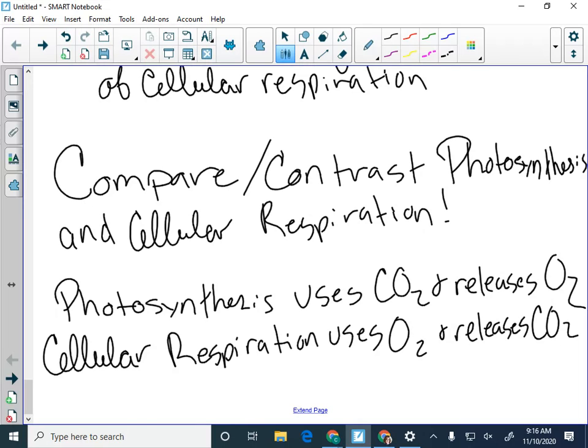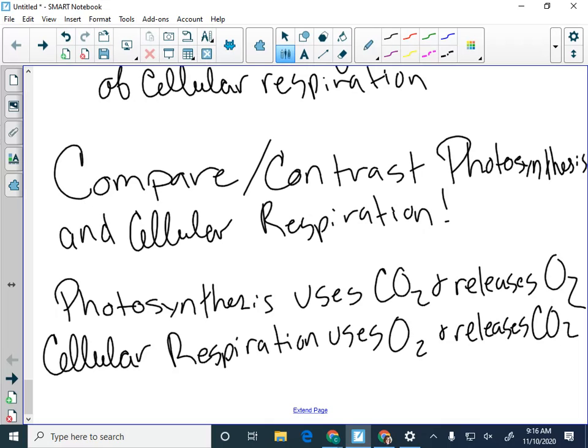But there's one little caveat before I really want to drive this home. Photosynthesis is only done by autotrophs. Only things with chloroplasts can carry out photosynthesis, right? So our photosynthetic bacteria, our plants, all that fun stuff. Almost all eukaryotes, unless they do fermentation, which we'll talk about later, will do cell respiration.